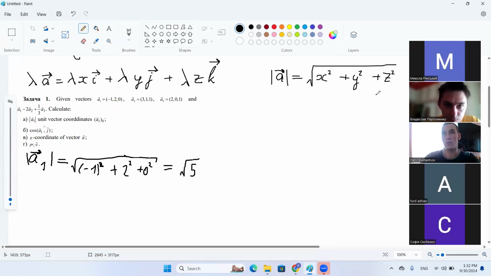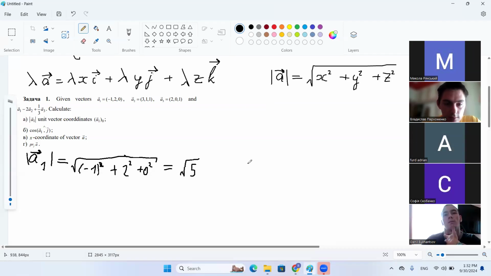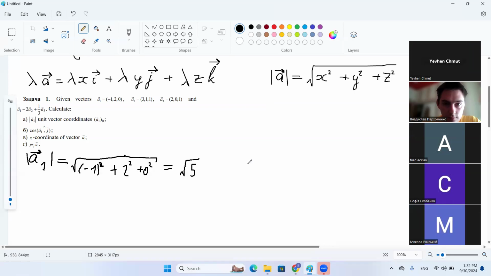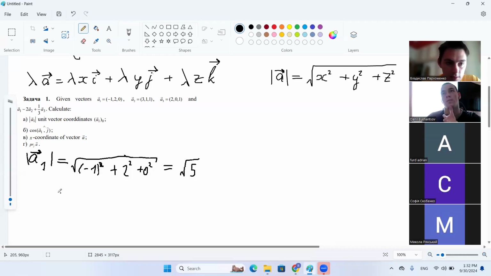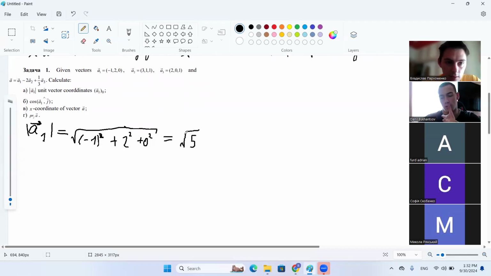Mikola? I'm not sure, but I remember it's one coordinate divided by the module of the vector. Correct.